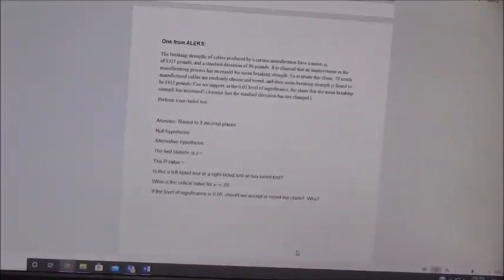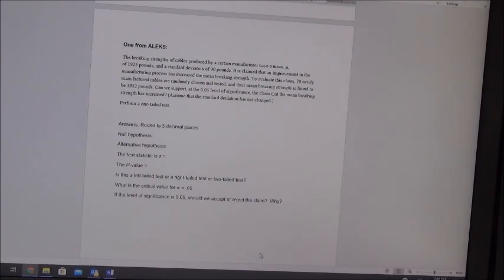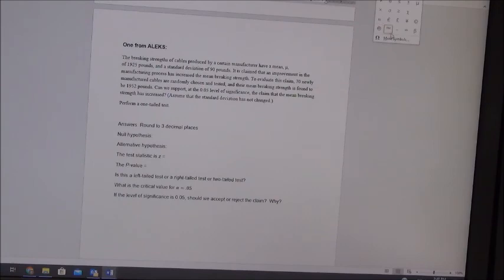And if we look at this problem, the null hypothesis here would be, is the mean less than or equal to the mean that was given up here, 1,925.